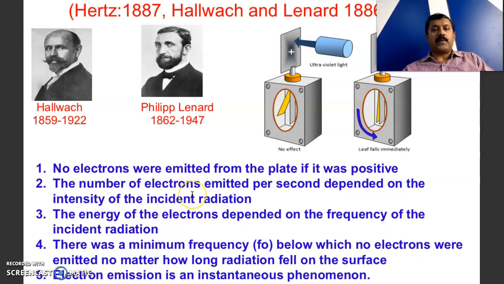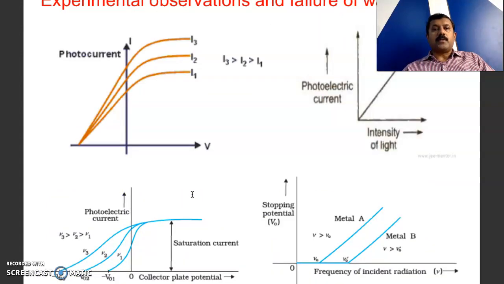The number of photoelectrons emitted depends on the intensity of radiation, and the kinetic energy of the emitted electrons depends on the frequency of radiation. And for every photometal there is a threshold below which photoelectric effect is not observed. All these experimentally observed facts could not be explained by using classical laws.